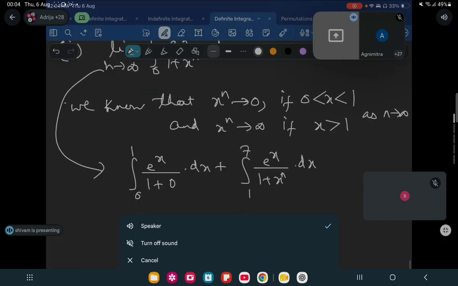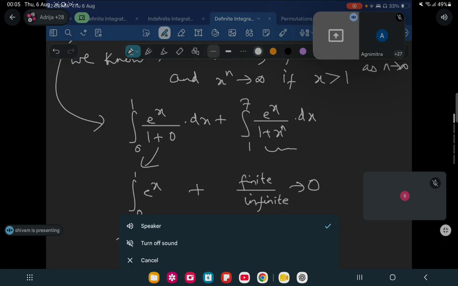Now everyone pay attention. This whole thing will become integral of e to the power x from 0 to 1, plus over here we have a finite upon infinite quantity. Right, tell me, everyone. A finite over infinite quantity will tend to 0.